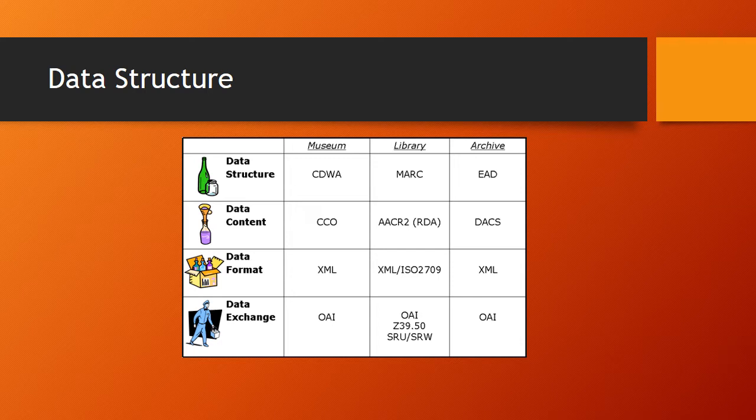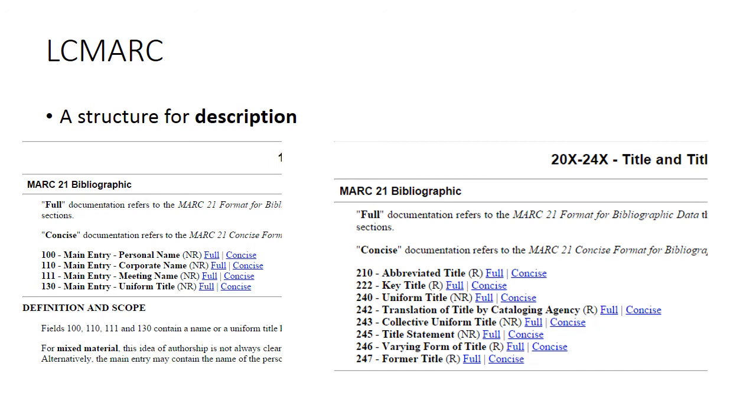But right now, just think of Mark as a structure in which you put content. So here's a little bit of a view of the structure. Remember those different field labels, 100, 110, etc. 100 is the main entry, the personal name. The 245 field we talked a lot about is the title statement.